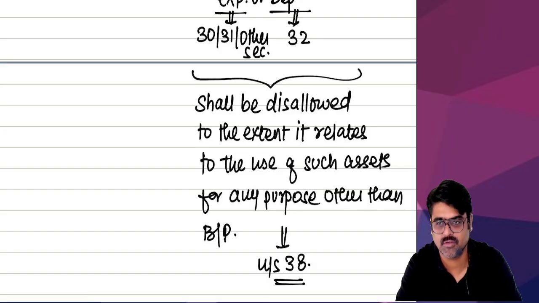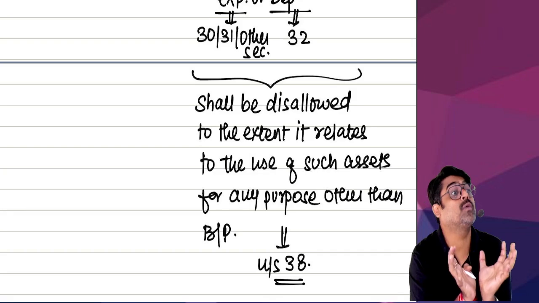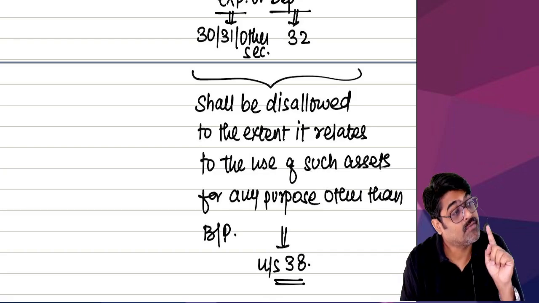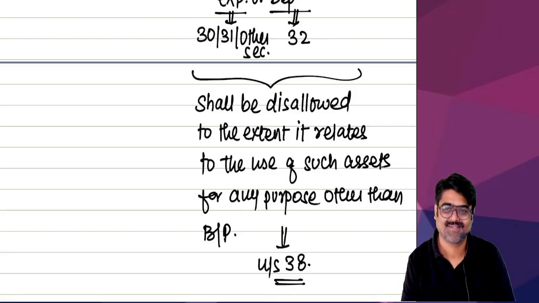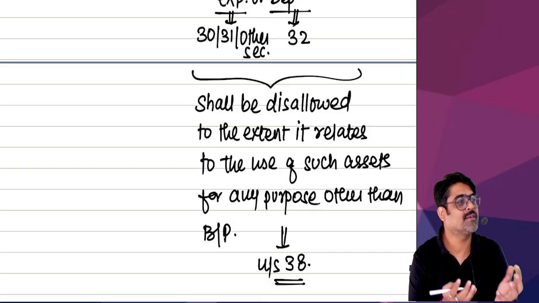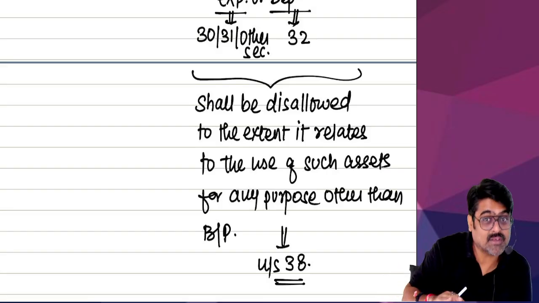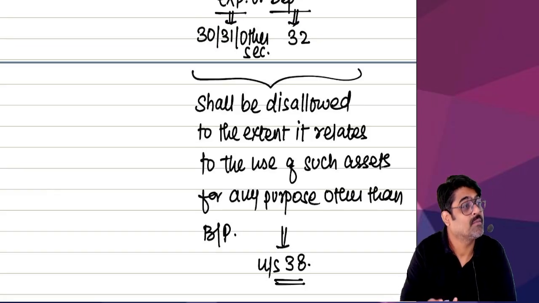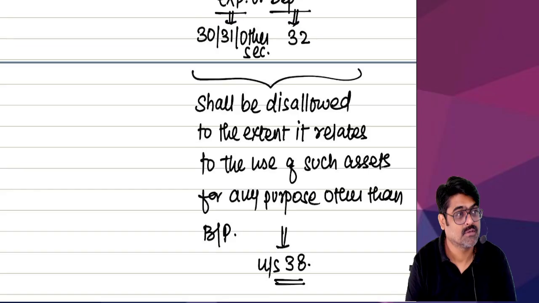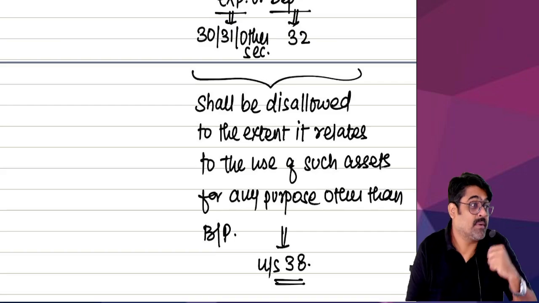So whatever expenses you are claiming, whatever depreciation you are claiming, the full amount of that expense or depreciation we will allow if the assets are used only for business or profession. But sometimes it might happen that the assets are used for purposes other than business or profession also. So the same asset is used for personal purpose also, and the same asset is used for business or profession also. A motor car can be used in my business also, and can be used for personal purpose also.